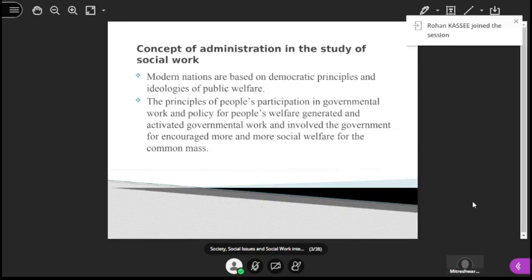So the concept of administration in the study of social work, modern nations are based on democratic principles and ideologies of public welfare. The principle of people's participation in governmental work and policy for people's welfare generated and activated governmental work and involved the government to encourage more and more social welfare for the common mass.